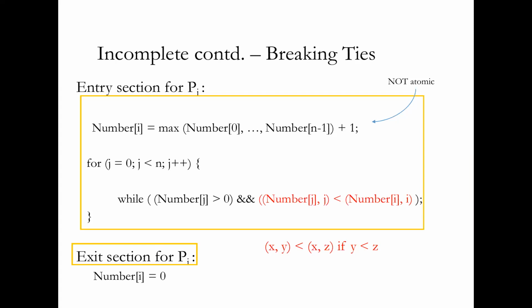The idea here is that when they're equal, I'm going to compare the J and Y indices. By doing this, I can break the tie, and the task that has a lower index will go first.